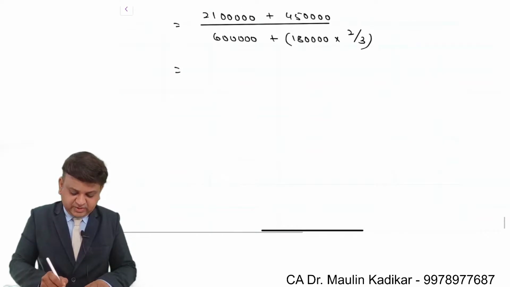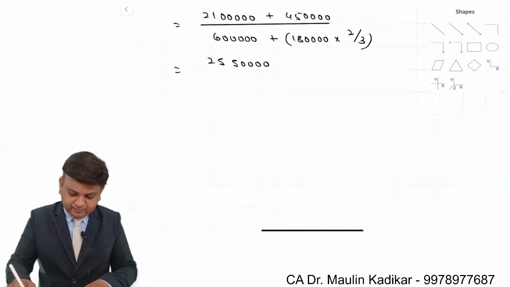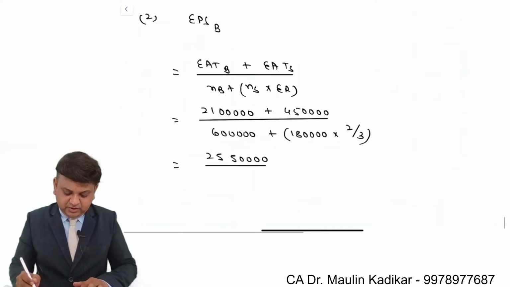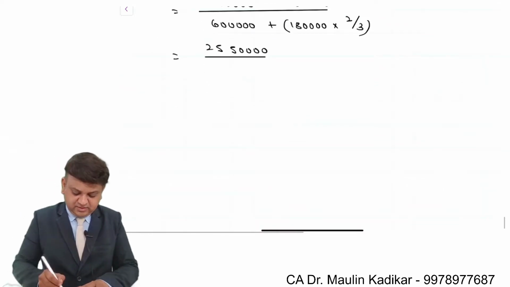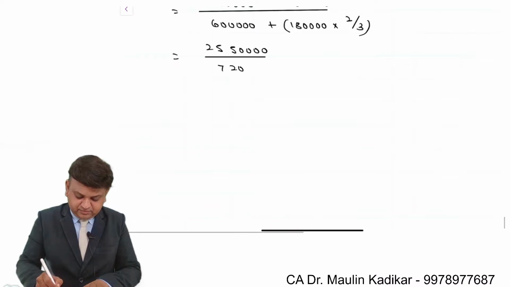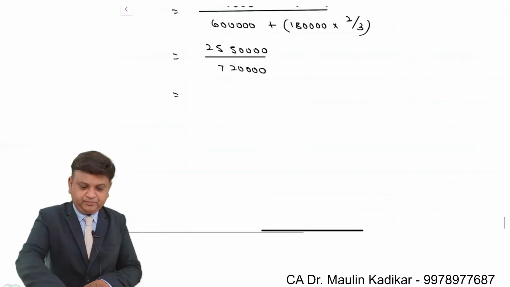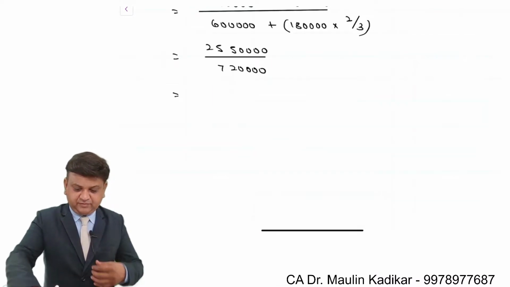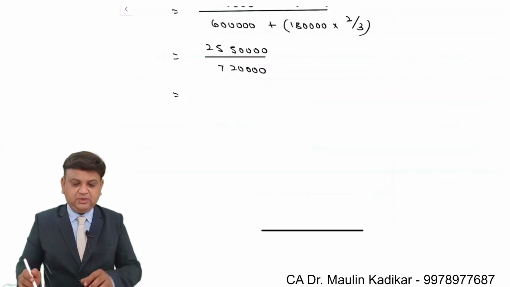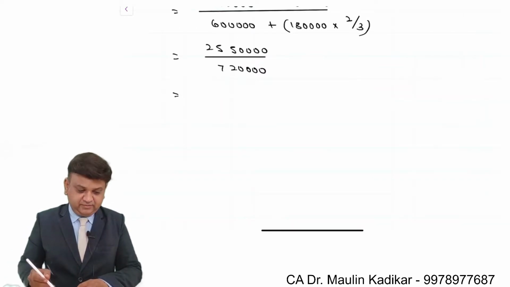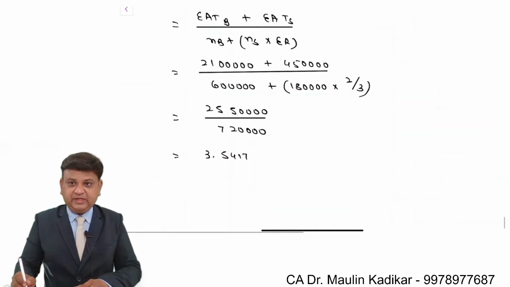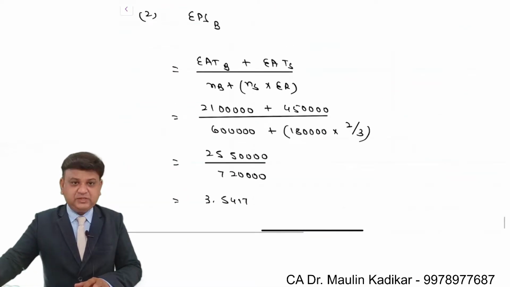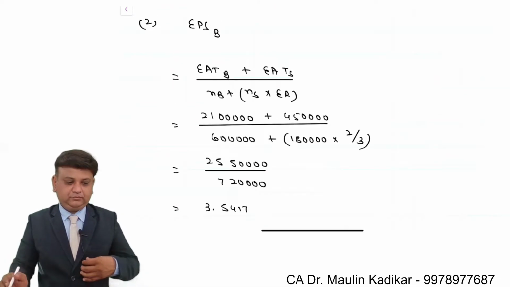So the numerator is 25,50,000 divided by the number of shares of the merged firm, which would be 1,20,000 plus 6 lakhs. That comes to 7,20,000. So please take that answer: 25,50,000 upon 7,20,000 is 3.5417. That is what we understand is the EPS of the merged firm.